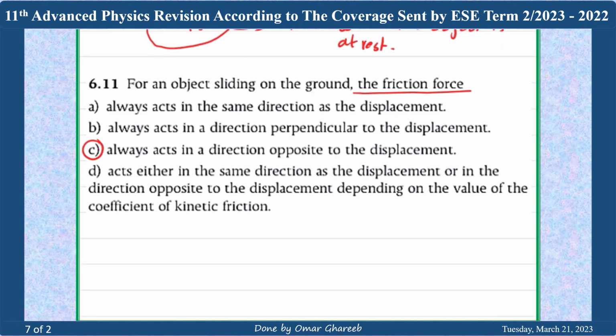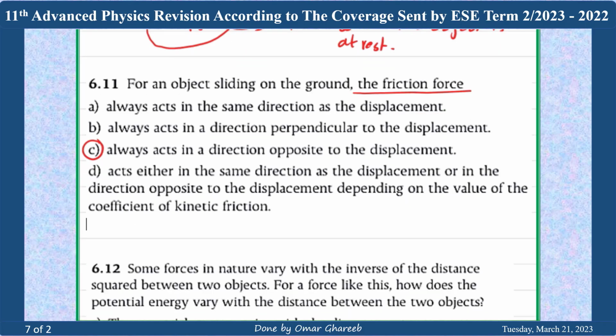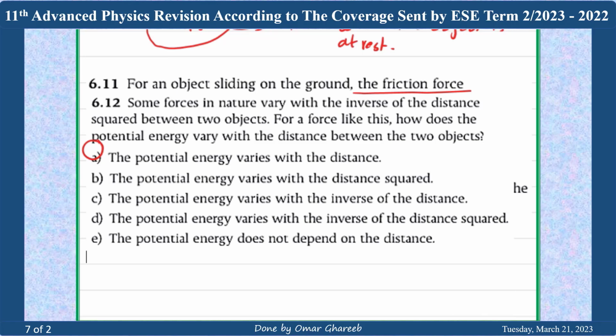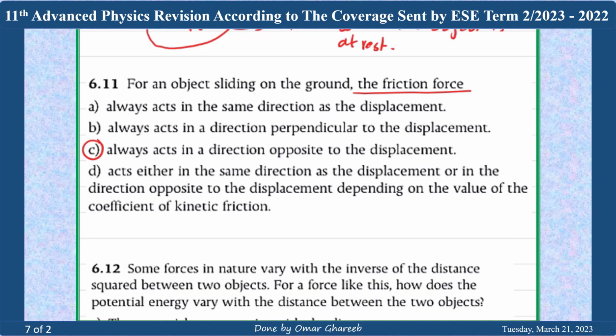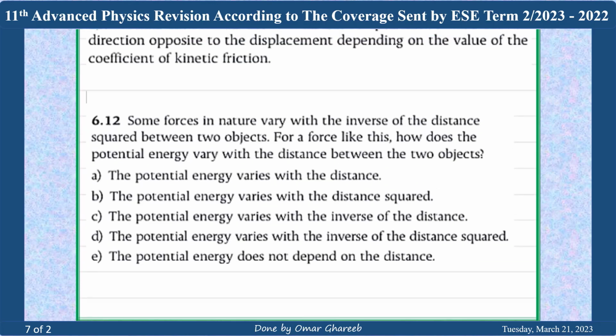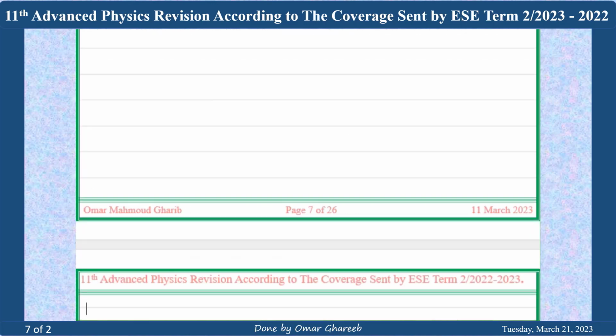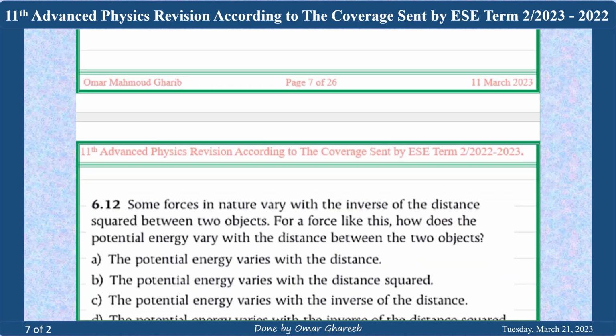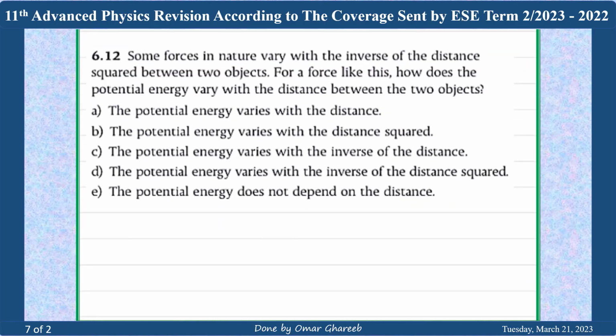Now for the second question, and this should not be put in the exam as mentioned by the curriculum, but I will solve it. Some forces in nature vary with the inverse of the distance squared.